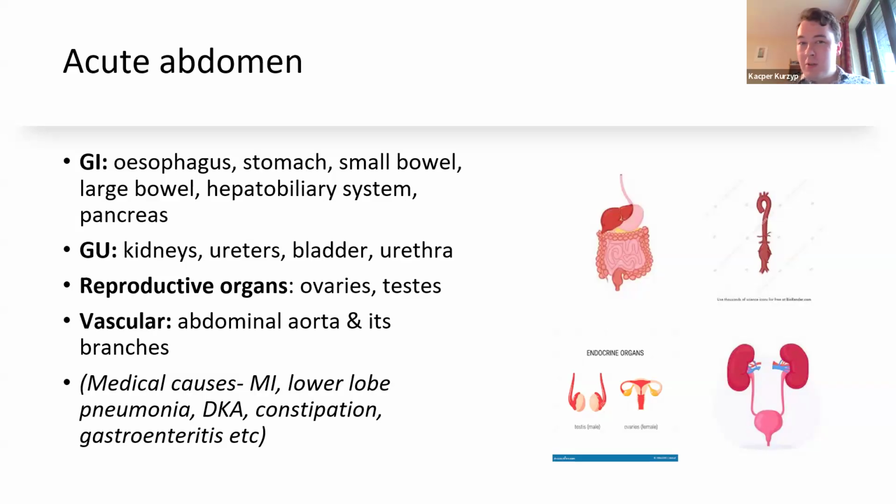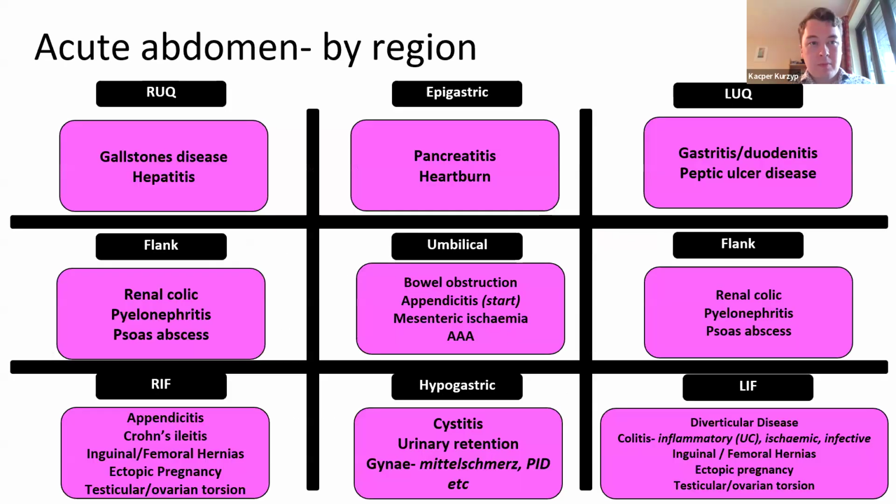Now, the important vascular consideration is we have the abdominal aorta as well as its branches. Now, there are a few other causes of pain in the abdomen, primarily radiating from the chest. However, we won't dwell on those today.